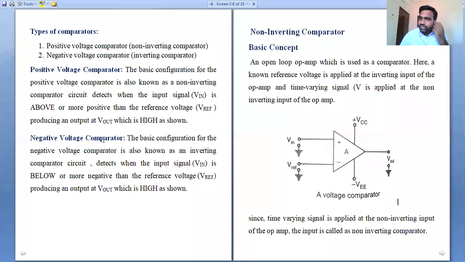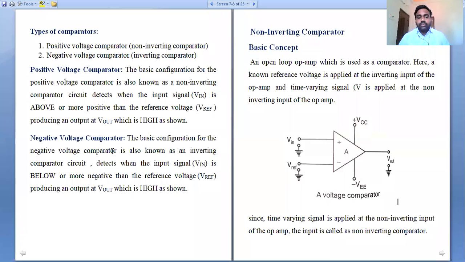Coming to the second classification, that is negative voltage comparators. In this comparator, the input voltage is connected to the negative terminal of the operational amplifier, our inverting terminal. This negative voltage comparator is also known as an inverting comparator. The input voltage is connected to the inverting terminal, and the reference voltage is connected to the non-inverting terminal.